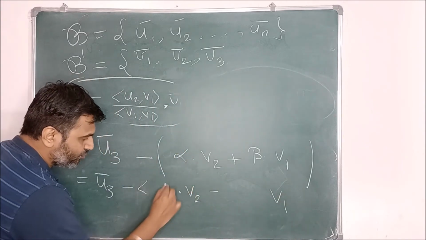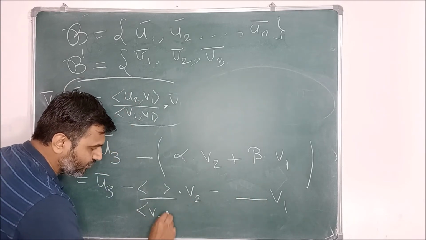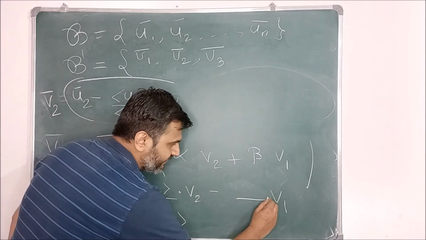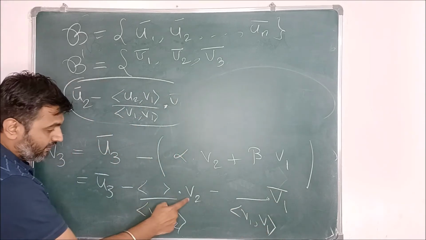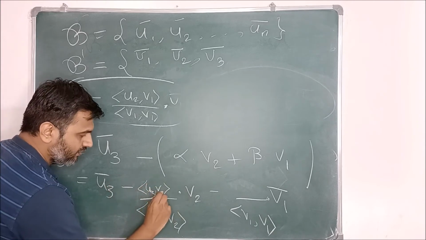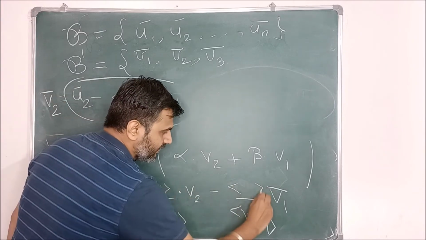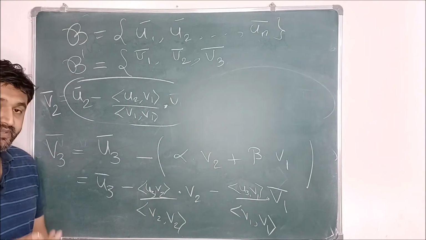Your alpha will come out to be v2 comma v2, and here it is v1, so here v1 comma v1. Now here u3, so u3 with v2 and u3 with v1. So that's a nice trick to keep in mind.